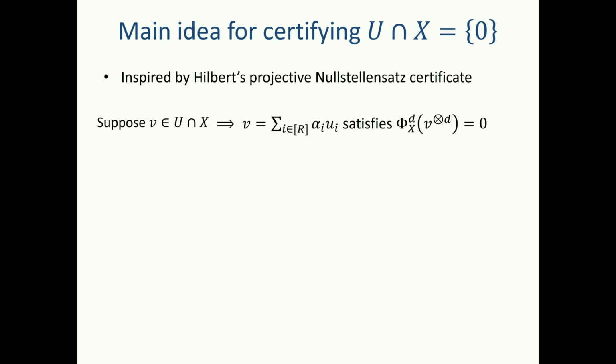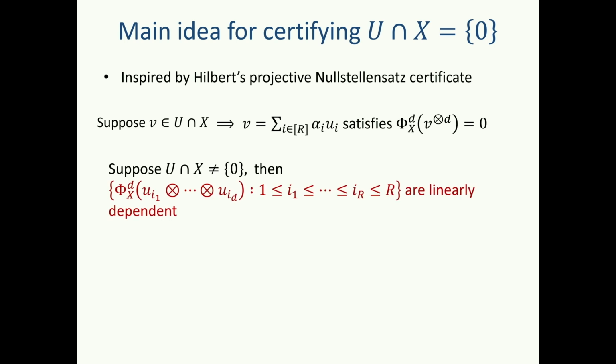And if you just expand it out, you can easily show that if there is an element which is in the variety and in your linear subspace, then all these vectors, which are vectors in a higher dimensional space, become linearly dependent.